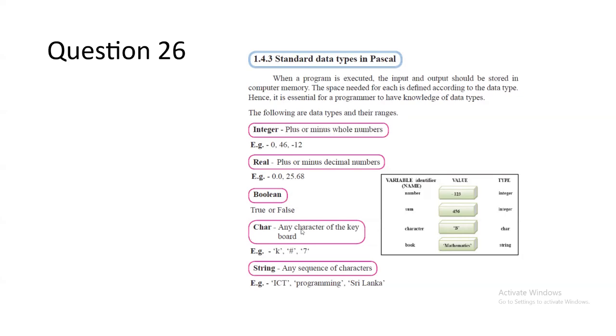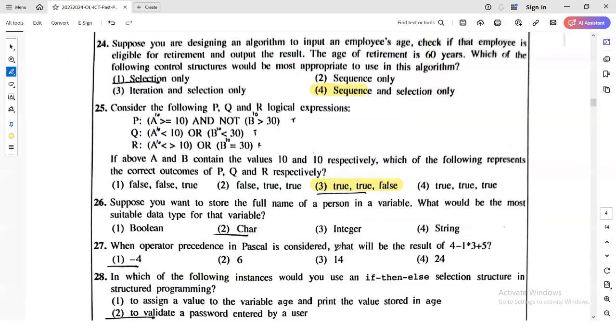Char is used to show one particular character, like A or B, only one, right? But if you want to represent a sequence of characters, it will be string. So in this scenario, this student has marked it char, but it should be a string because char can hold only one character.